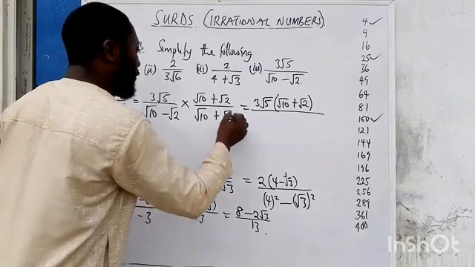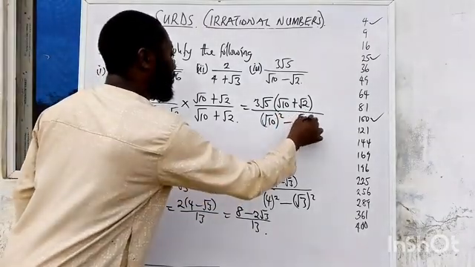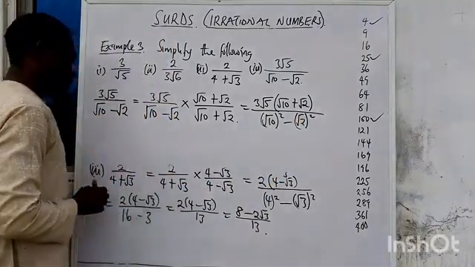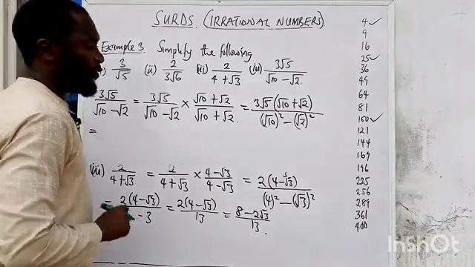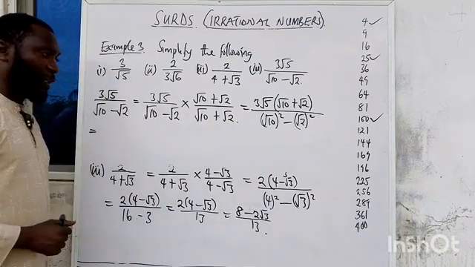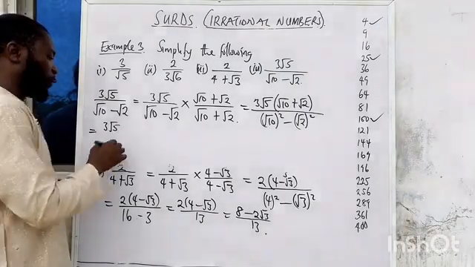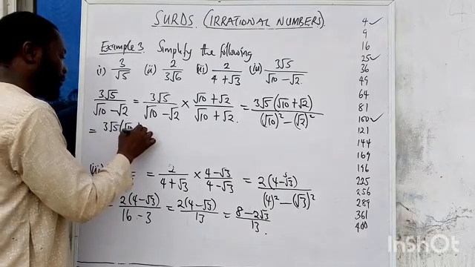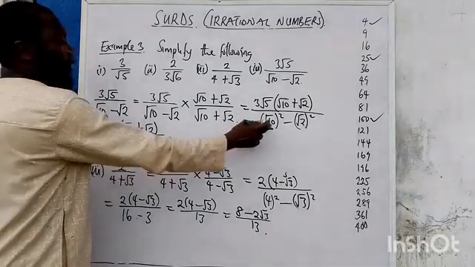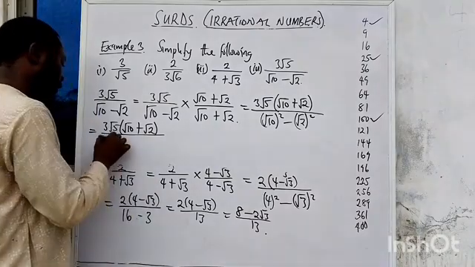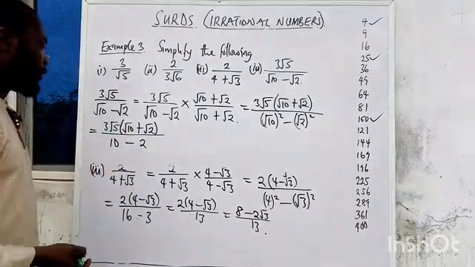So now we have square root of 10 squared, the first number, minus the square of the second number. We can open the bracket, and if you like you can do that at the end. So we have 3 root 5, open bracket square root of 10 plus square root of 2, divided by 10 squared is 100, square root of 100 is 10 again. The same thing, that will be 2, because 2 squared is 4, square root of 4 is still 2.